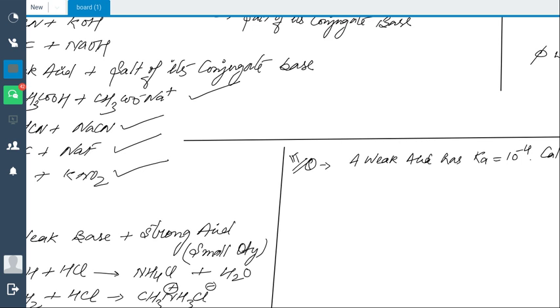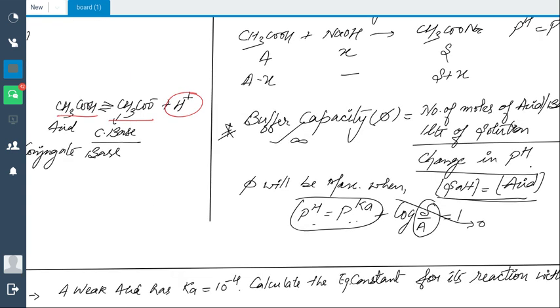Buffering action is nothing but wherein on addition of a small amount of acid or a base, the pH is not changing much, and that is so because, let me show you. See over here, when you add a small amount of NaOH, what happens? The OH minus ion concentration doesn't go to the solution. It reacts with the buffer acid and forms this salt.